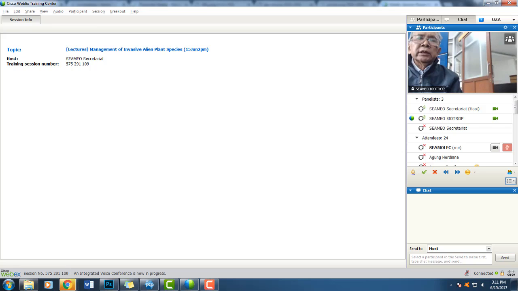And I support the idea of this genetic makeup so that invasive alien species can be changed into something which is more useful to human beings. That's at least our experience at BIOTROP.